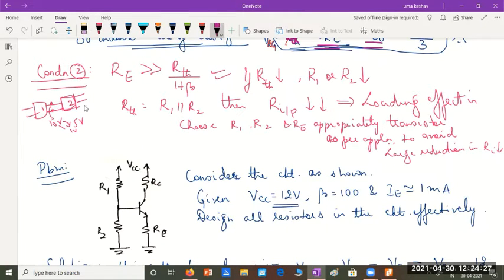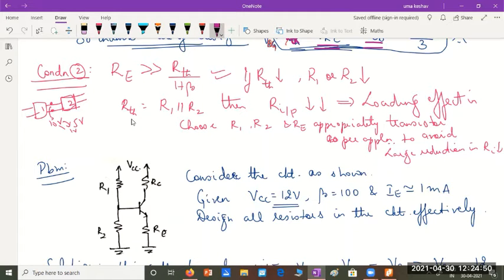If the input resistance of the cascaded stage is not high, then the loading effect happens and the voltage will get reduced. You were supposed to get an output of 10 volts, but that will become 1 volt or 5 volts depending on the value of resistance. So that is one problem. I can't decrease this RTH by a large value.